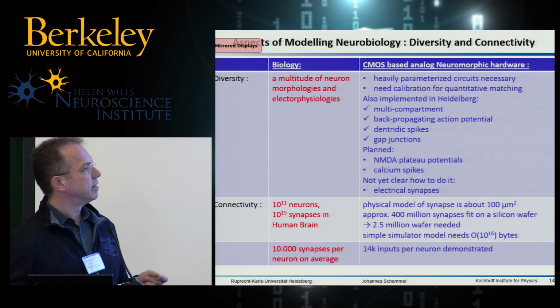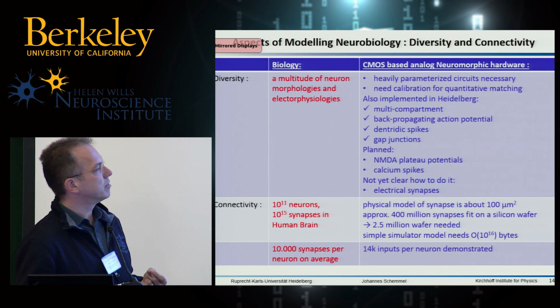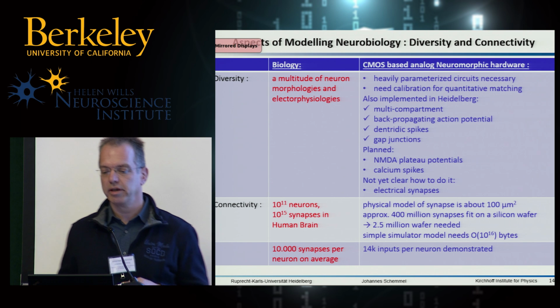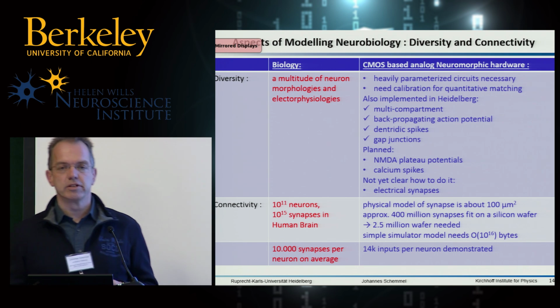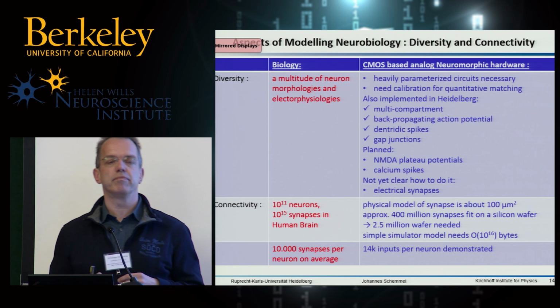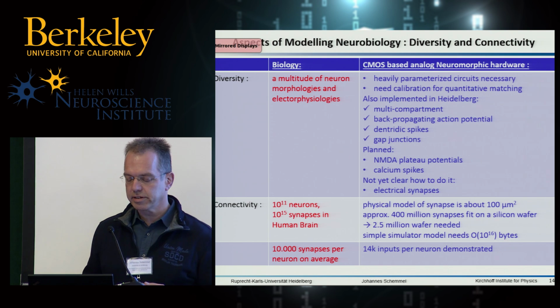But our neurons are realistic in their fan-in and fan-out, so we can easily support 14,000 inputs per neuron. We have already done this, so this is working. So you can build small networks which run very fast to test your ideas of how the training can work in this kind of assemblies.